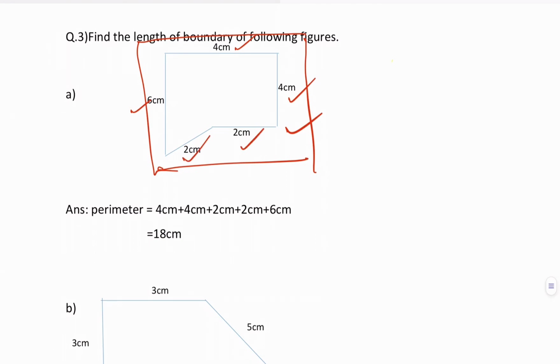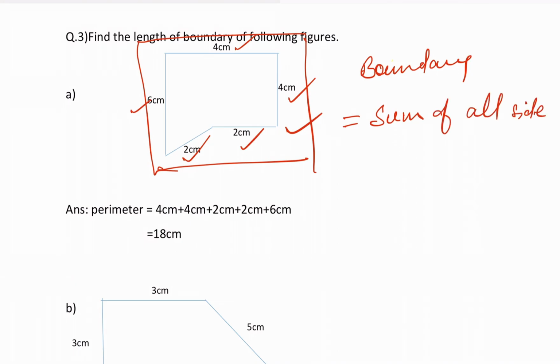You have to find its boundary. You should use the formula sum of all sides equals 6 plus 4 plus 4 plus 2 plus 2.